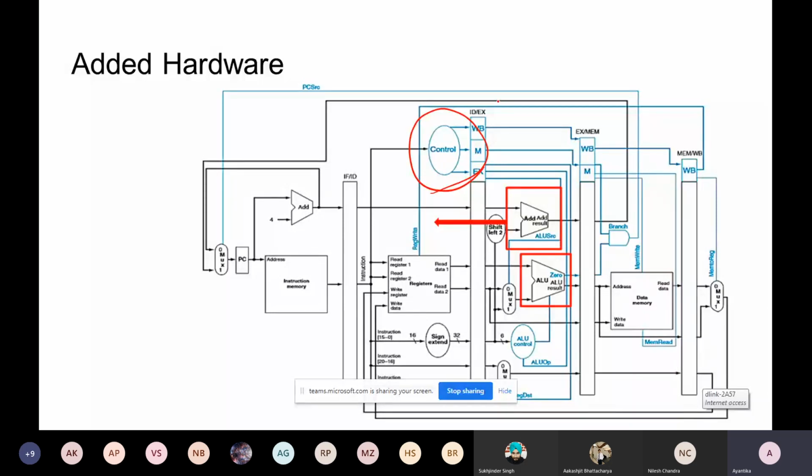So these are the added hardware, just to give you some idea. So this was about pipeline. Just go through it, and if you have any question, come back and ask so that we can discuss again.